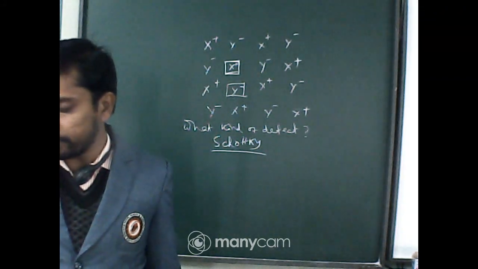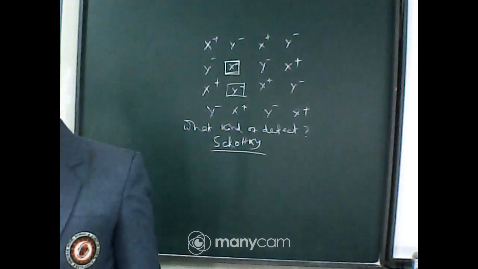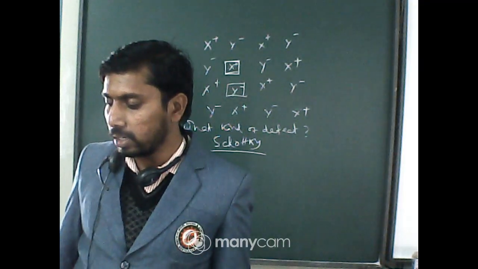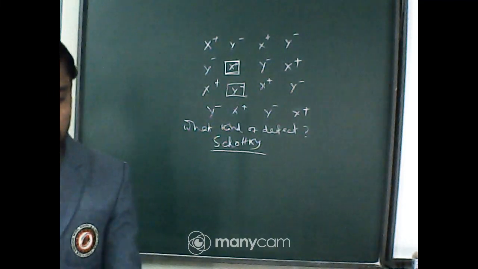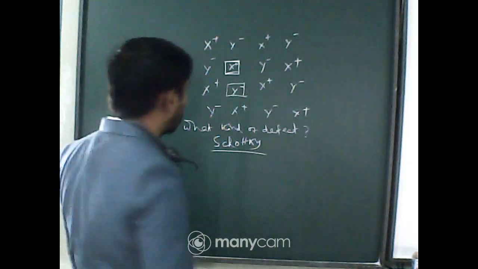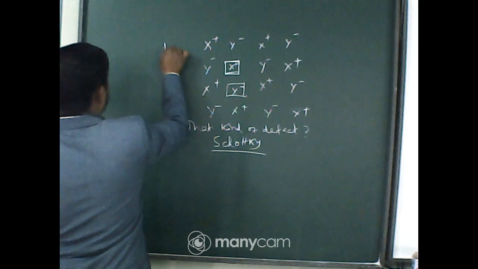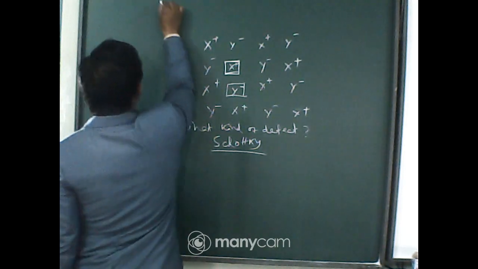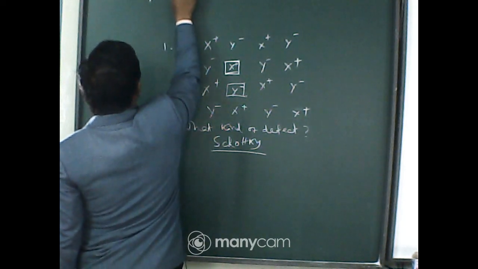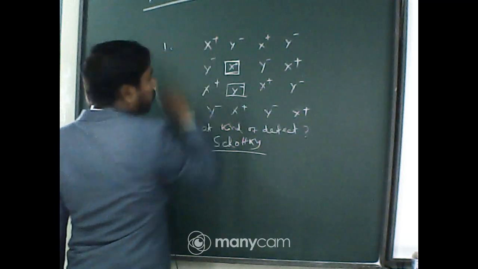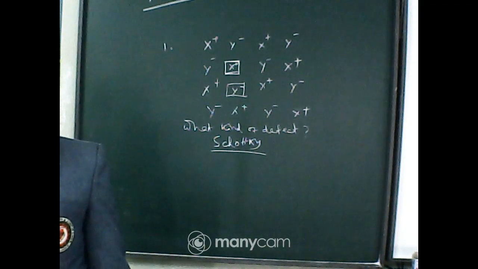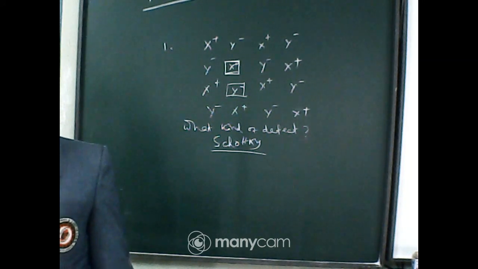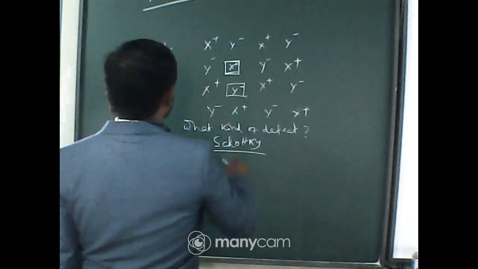Explain with a graph the variation of molar conductivity of a strong electrolyte with dilution. This is one question. Number 2 is: explain with a graph the variation of molar conductivity of a strong electrolyte with dilution.